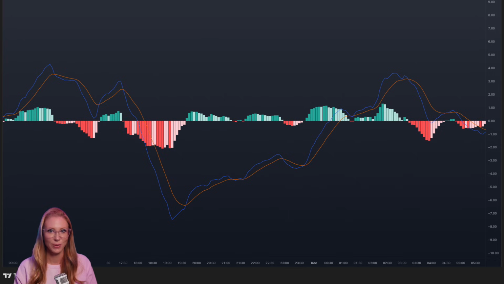So what is this showing us? When the lines are converging, we'll see the histogram move away from the extremes to the zero line. And when they're diverging, we'll see them expanding away. The stronger the trend, the larger the histogram plot.